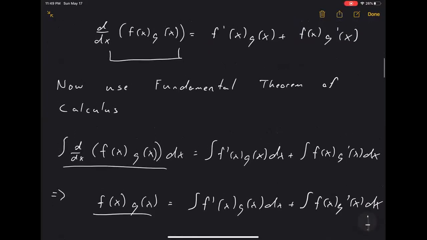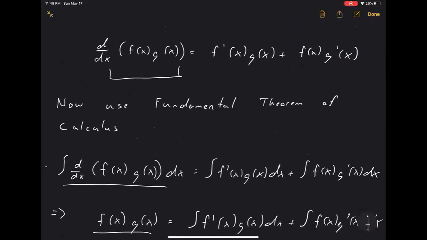But going back up to this line, if I integrate the left side, I need to be integrating the right side as well, right? If I do something to one side of the equation, I have to do it to the other side. So this integral should be equal to the integral of f prime of x g of x plus the integral of f of x g prime of x.